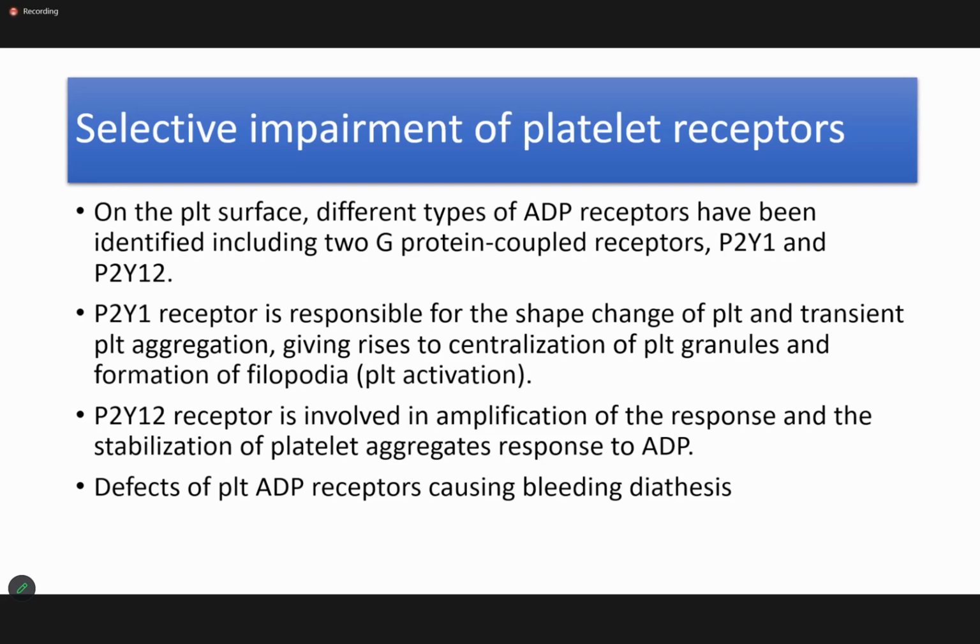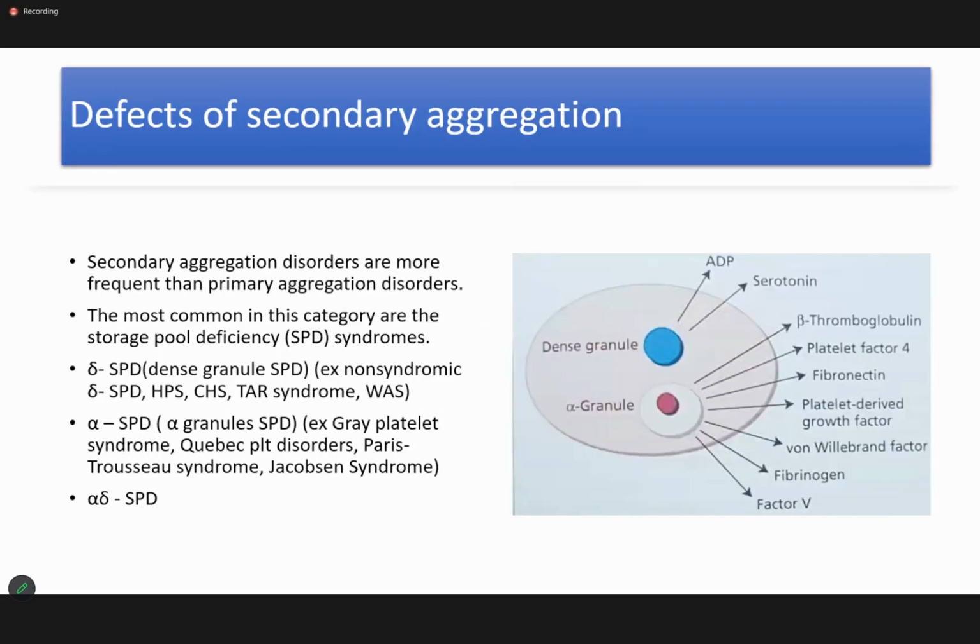There are a lot of drugs that were produced today, one of which is the P2Y12 receptor inhibitor. For the defects of secondary aggregation, when we talk about aggregation, the secondary one is more common compared to primary aggregation disorder.